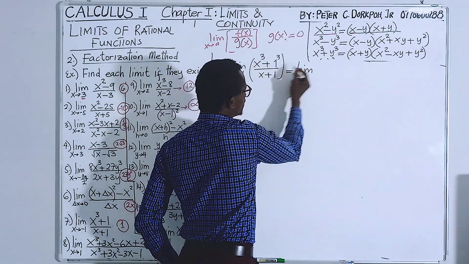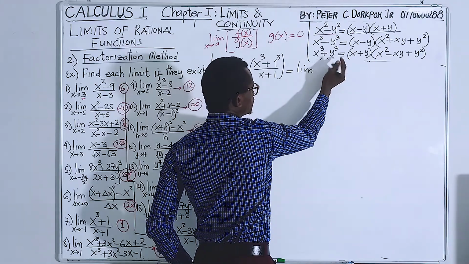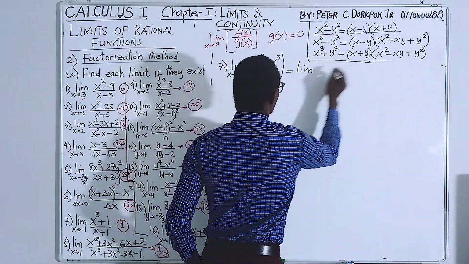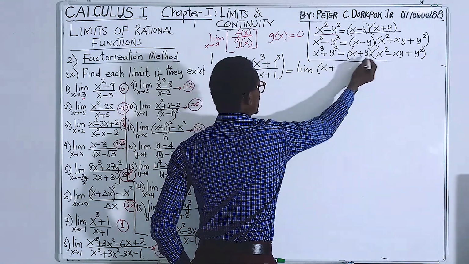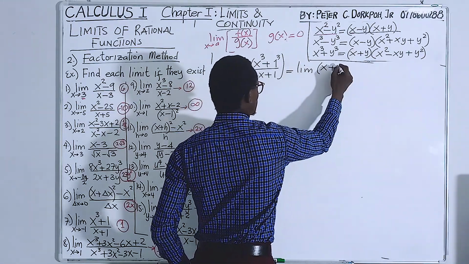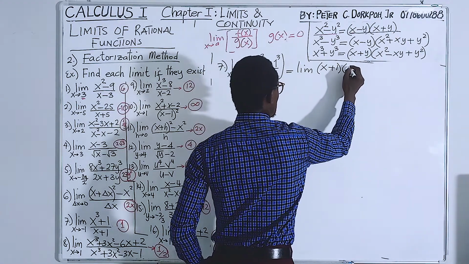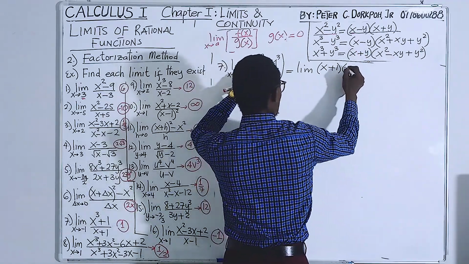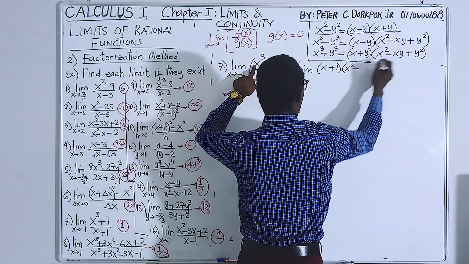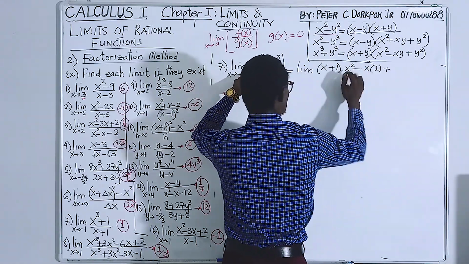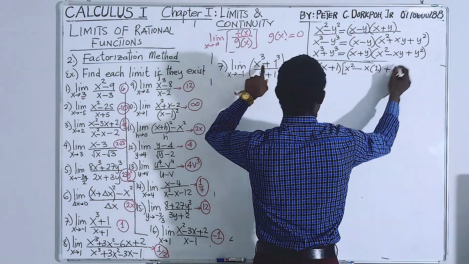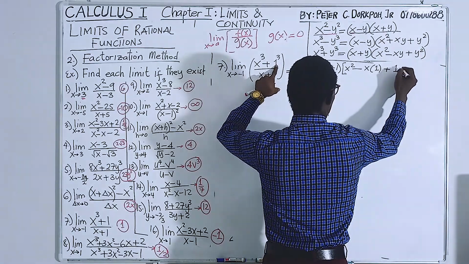So our 1 now will be representing y. Therefore, we can now factorize this numerator as (x plus y), now we put 1, times (x squared minus xy, x times 1, plus y squared, we just say 1 squared).